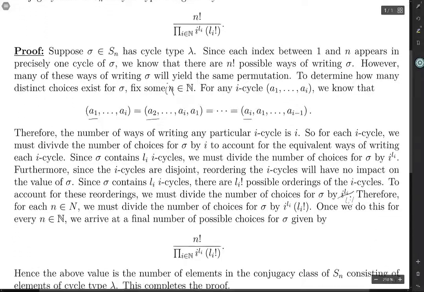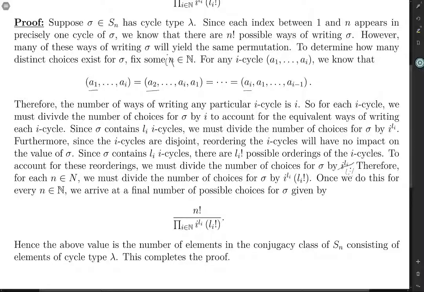So, therefore, for every single I, we must divide the number of choices for sigma by this thing, because the first thing we said is that we have to divide by I to the Li, and now we've shown that we have to divide by Li factorial.